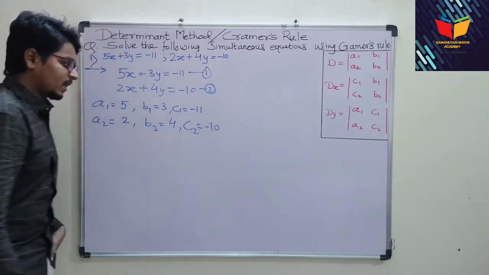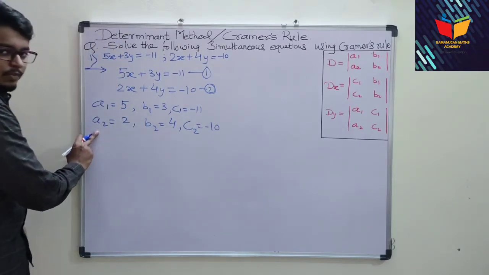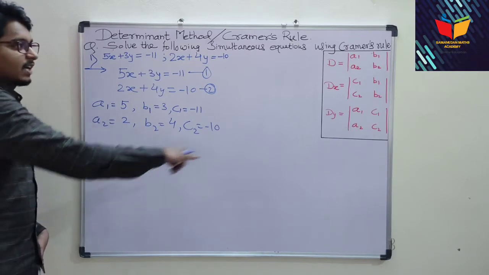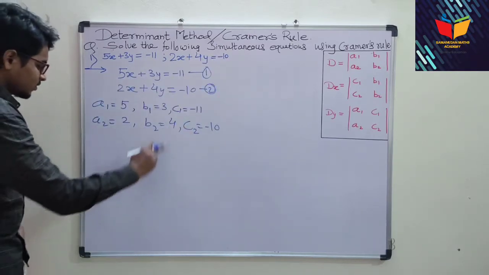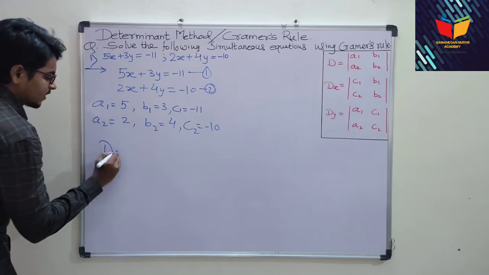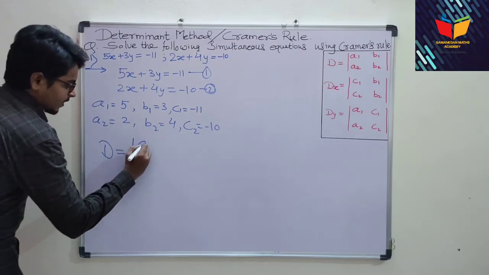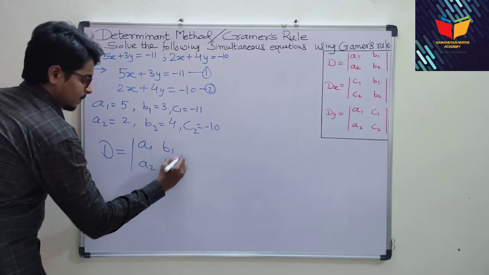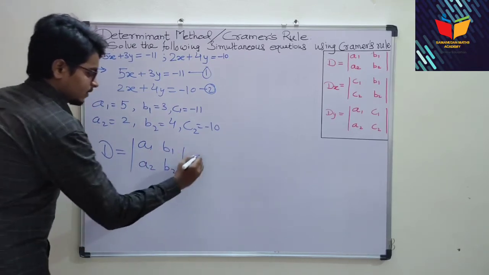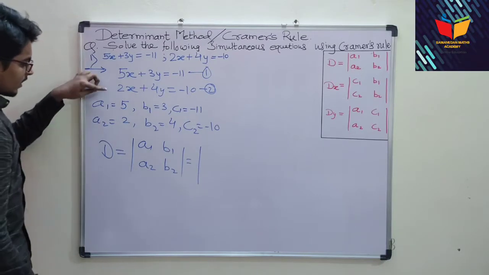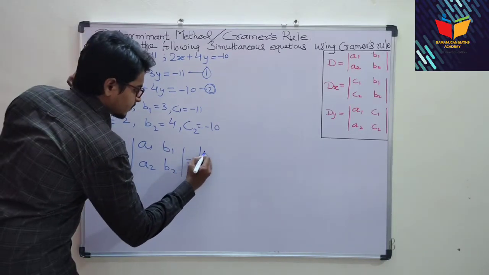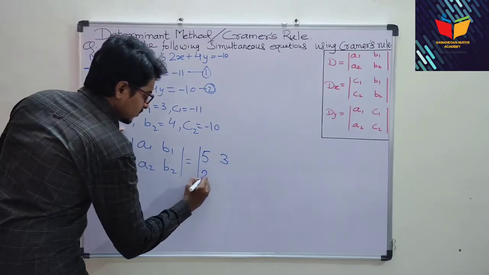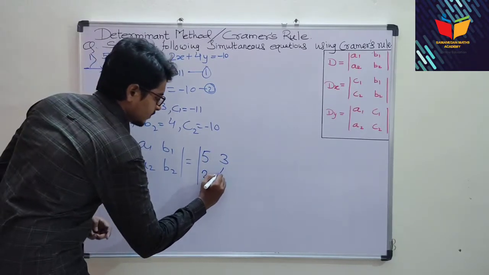Now we know the formula to find the determinants d, dx and dy. Here also I have written that. So first, finding the value of d, which is a1 a2 b1 b2, which is equal to, now write the values: a1 is 5, b1 is 3, a2 is 2 and b2 is 4.